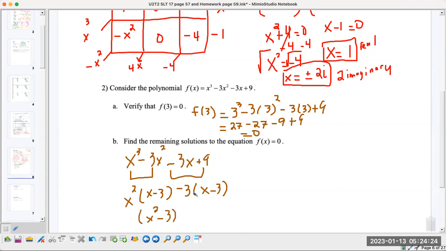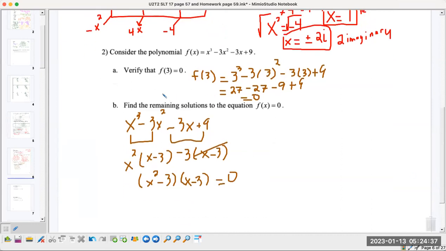And just one of the x minus 3s. Set those equal to 0. And I can tell when I verified that if the solution was 3, then x minus 3 is a factor. Okay. And I can see I have that down here.